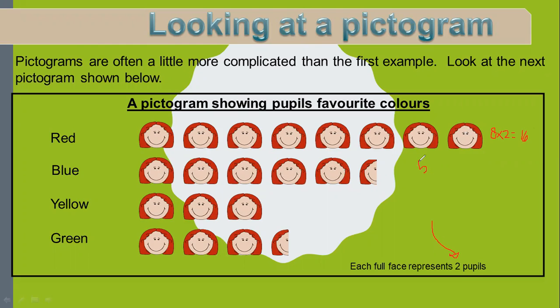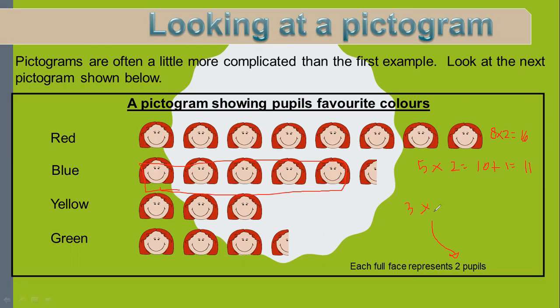So it is 5 times 2 is equal to 10. Sorry. So it is from this to this, this 5, and we still have a half, and it is said 2 pupils for 1 head. So if I just have a half, it means only 1 person. So we add 1. It's equal to 11.